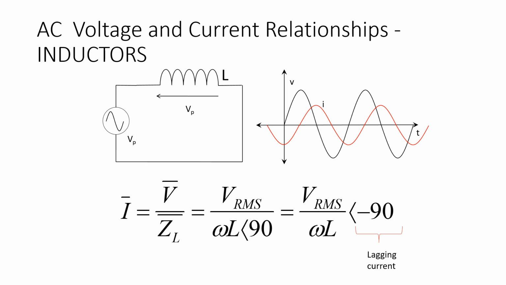For the inductor, if I do the same thing, I is equal to V on Z, that will be V on omega L angle 90.